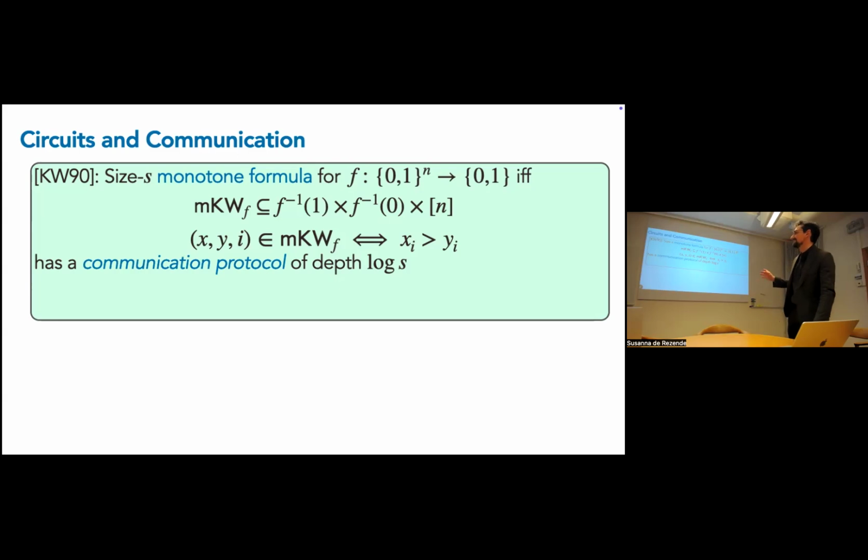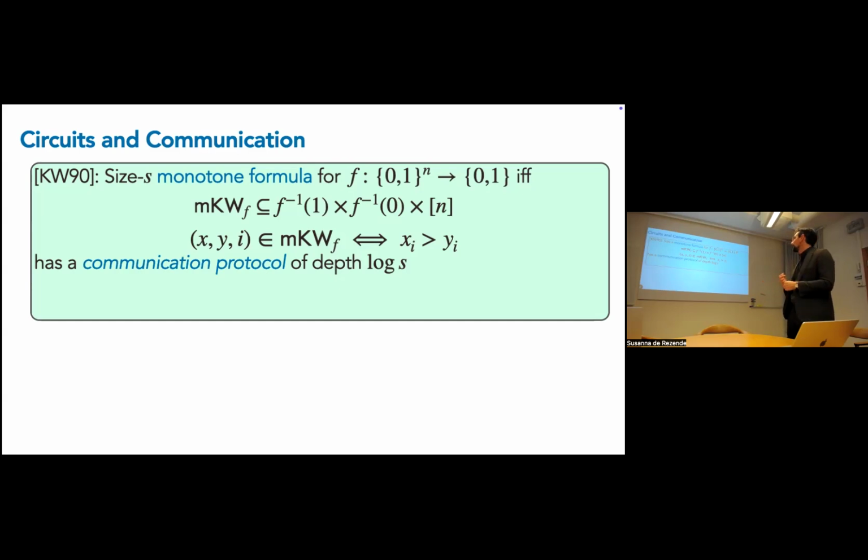Great. So there's the Karchmer-Wigderson result, which shows that monotone formula size is equal to the communication complexity of computing the following relation, called the monotone Karchmer-Wigderson game. You're given as input a 1 of the function and a 0 of the function.